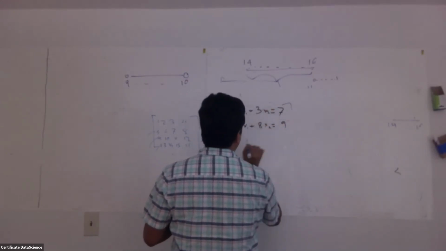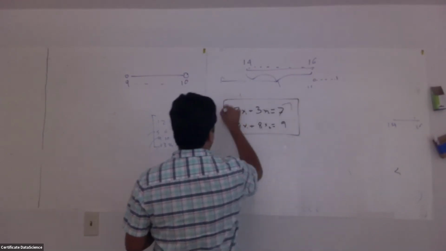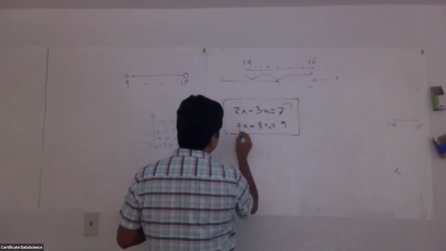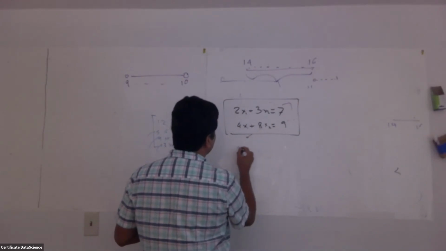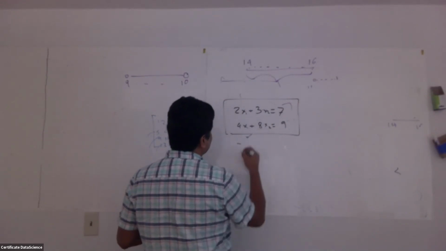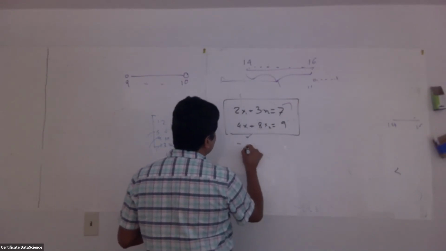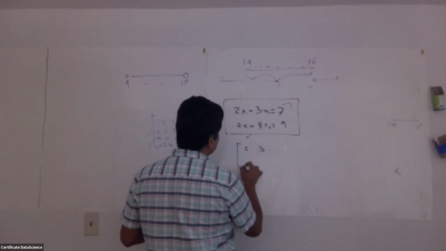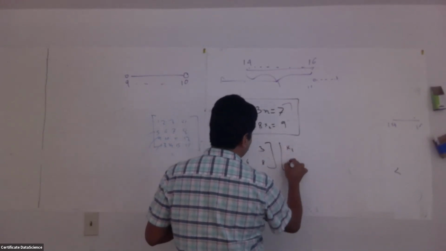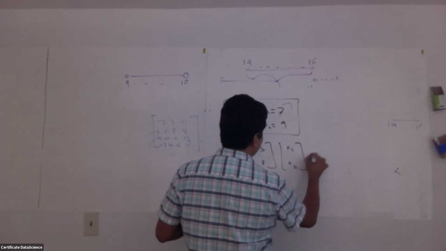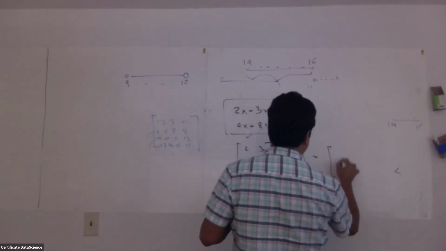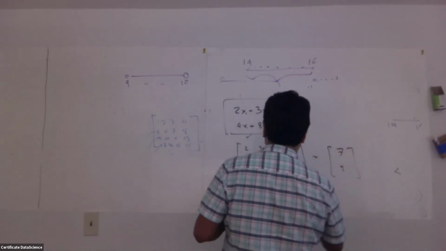This equation to solve, suppose. Now in NumPy, you can represent this as follows. So you can essentially think of this as a matrix 2, 3, 4, 8, times x1, x2. And you can write 7 and 9 like this.